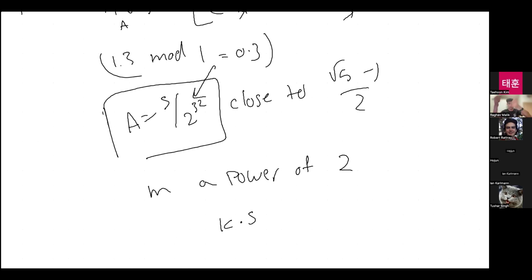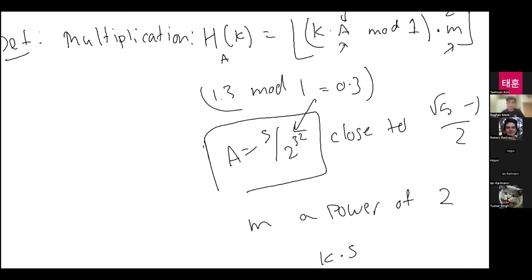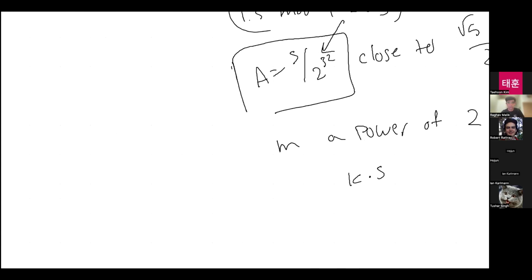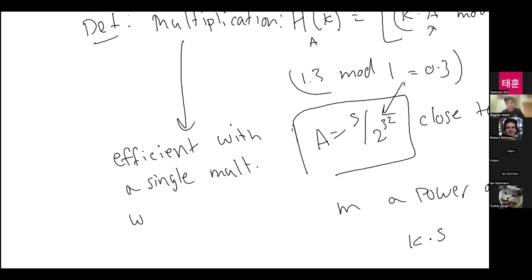And so I can do some bit manipulation to get away with computing this with a single multiply, right? So this is efficient with a single multiply when A is s over 2 to the 32 and m equals 2 to the p.